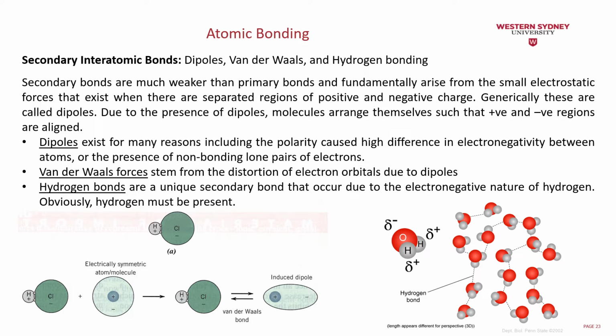Dipoles exist for many reasons, including polarity caused by high differences in electronegativity between the atoms, or the presence of non-bonding lone pairs of electrons. The van der Waals forces stem from the distortion of the electron orbitals due to the dipoles. And hydrogen bonds are unique secondary bonds that occur due to the electronegative nature of the atoms bonded to hydrogen, and obviously, hydrogen must be present.